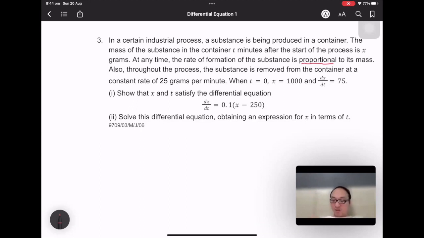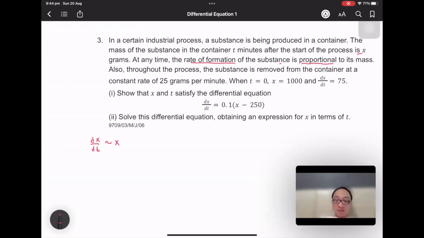From the word proportional, I can write: the rate of formation of the substance is proportional to its mass. So we say that the mass is x. So the rate of formation, dx/dt, is proportional to its mass, so proportional to x.